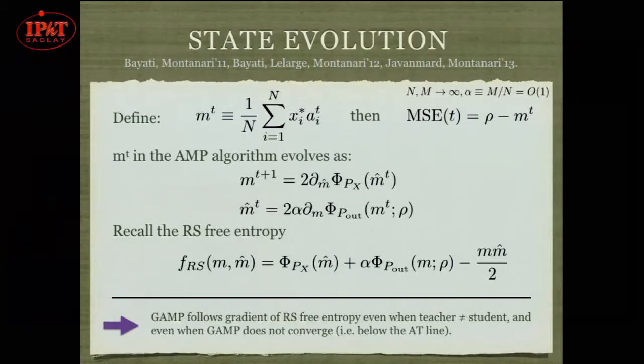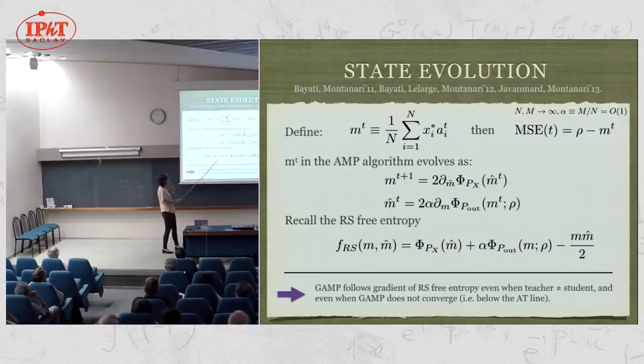And one more thing, and that's that this algorithm follows the gradient of the replica symmetric free entropy, even when the teacher is not the student, even in situations where physically there is replica symmetry breaking in the system. This algorithm doesn't care about it. It follows the state evolution even when it doesn't converge. It doesn't care about its own convergence.